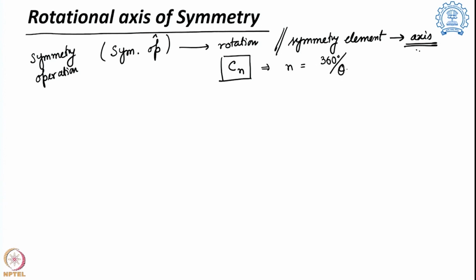If I divide 360 degrees by that angle of rotation, I should get an integer number, and that will be defined here as Cn.